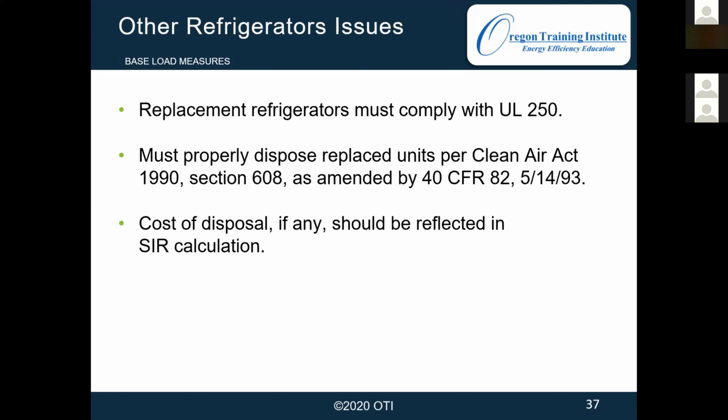That way we can take that inefficient fridge off the grid where no one is stuck with that inefficient unit. So we get it recycled according to all the appropriate EPA laws on refrigeration, the refrigerant in the refrigerator. And the contractor has to prove that they did recycle it. We have to have all that documentation.